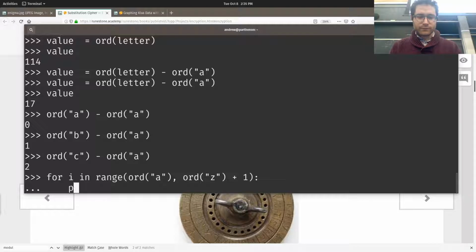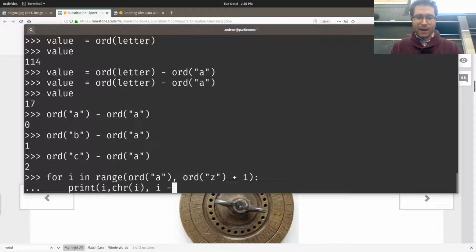Print i, chr of i, and then i minus ord of A. Actually, sorry, I don't want to do that.